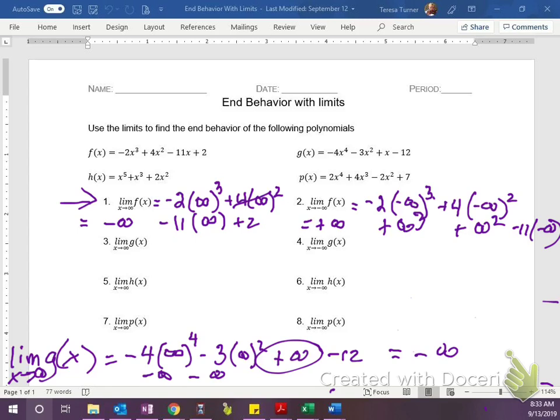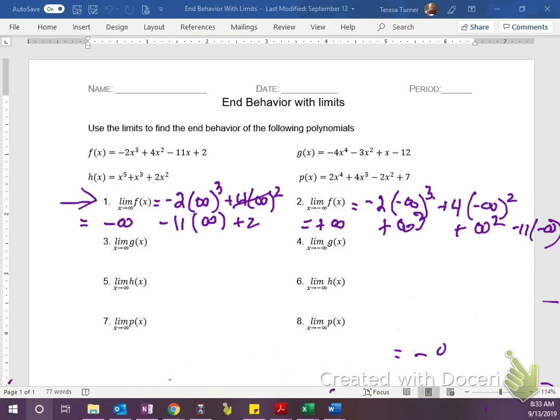All right. I would have had to undo a lot. It was easier to erase it. So now we want the limit as x approaches negative infinity of g of x.